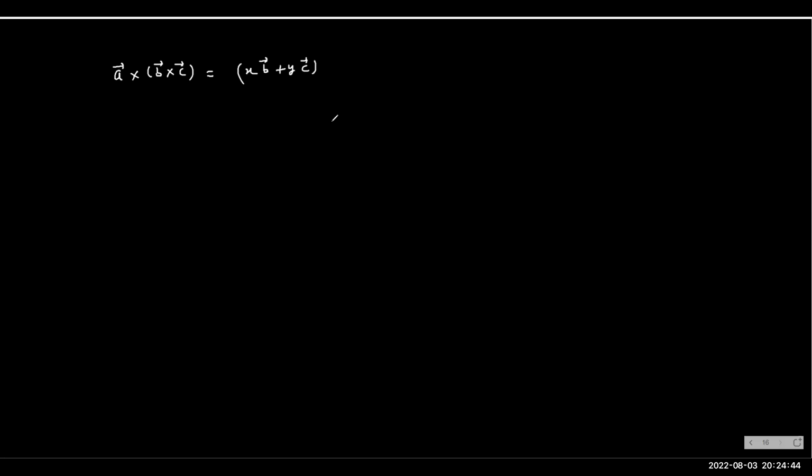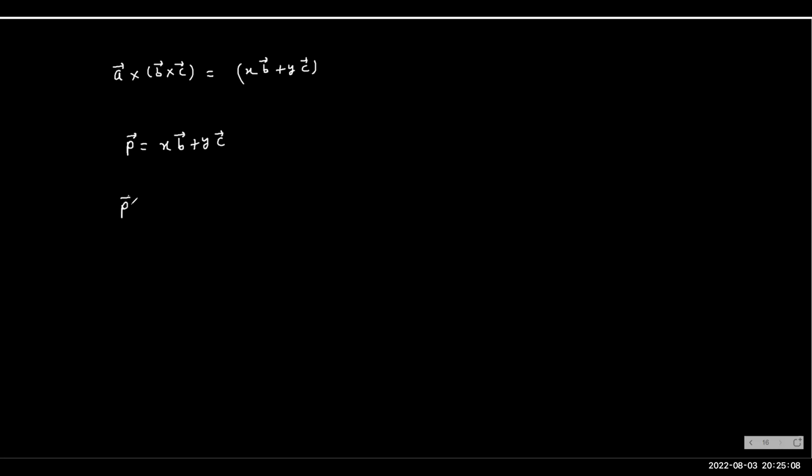Yes or no? Yes, sir. So this must be equal to X times B plus Y times C. Let's call this P vector, which is X times B plus Y times C.